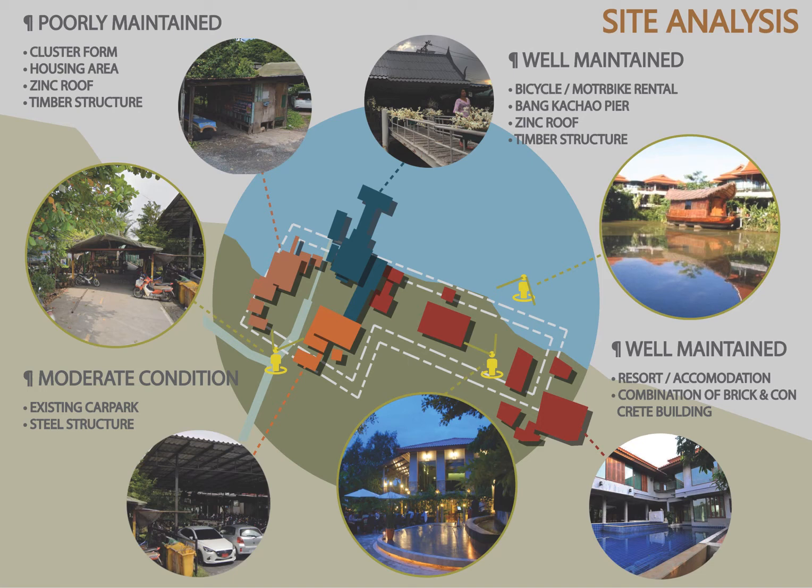The blue is the Bang Kachao Pier, which also serves as the bicycle and motorbike rental shop. The orange is the existing car park, and the red is the existing resort accommodation.